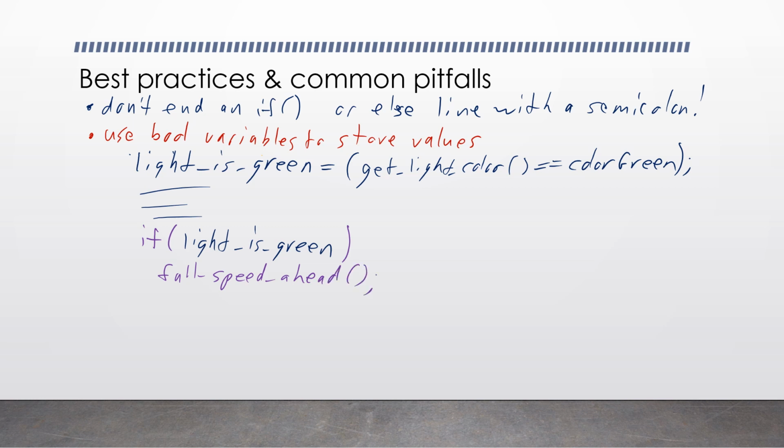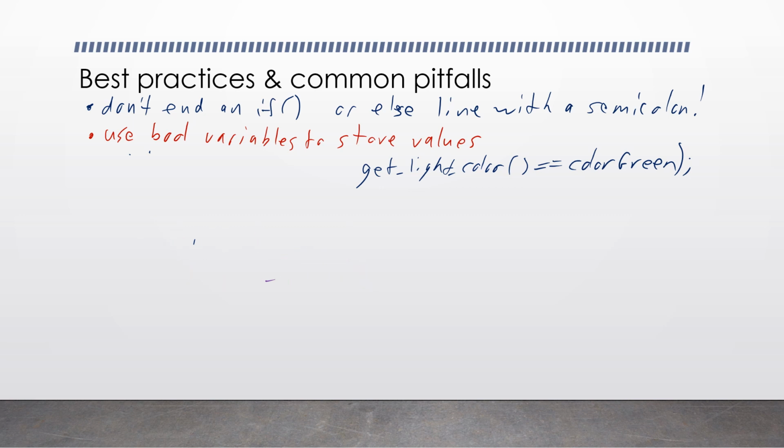Using this bool variable means I can capture this comparison here and then stick it into my if later on. I don't have to call get light color a second time. So that's a good best practice to follow when writing complicated programs that keep track of a lot of variables, or a lot of true-false values, a lot of comparisons.